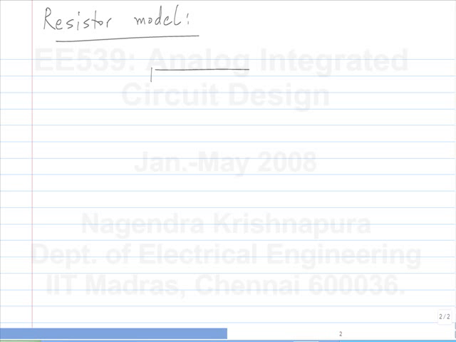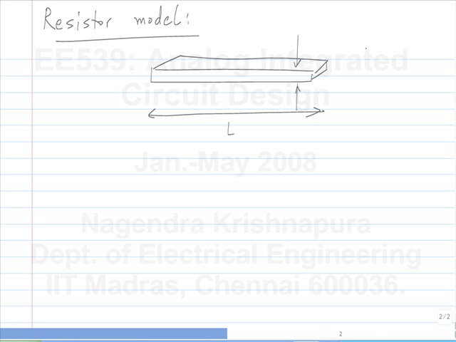So let's say we have a resistor, again we are not worried about the thickness, we look at the length and the width. So what are all the things you need to model here? Firstly, the resistance value itself, and that, as we saw earlier, is given by sheet resistance times L by W.